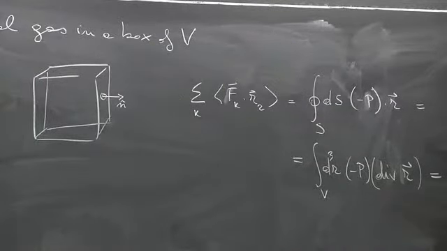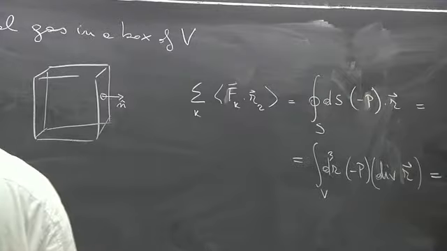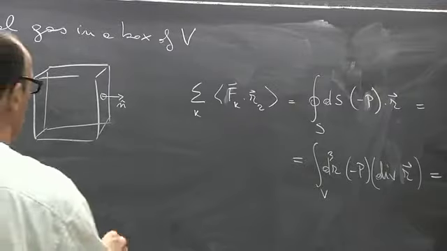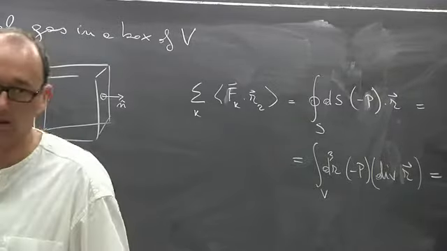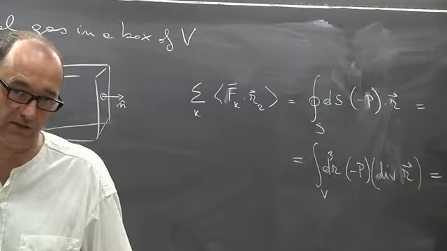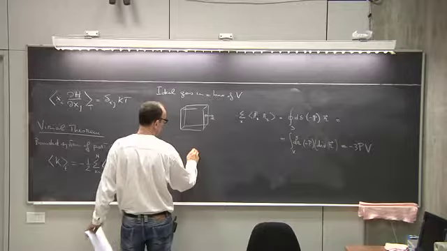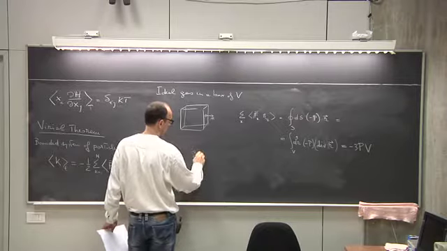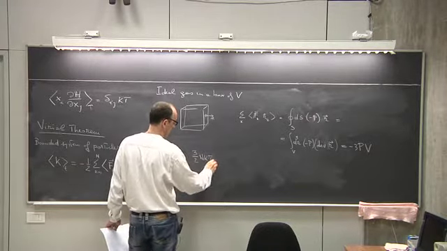So this is this part of the equation. The other part, the kinetic energy, is equal to the energy of the ideal gas, and we know that this is 3/2 NkT.